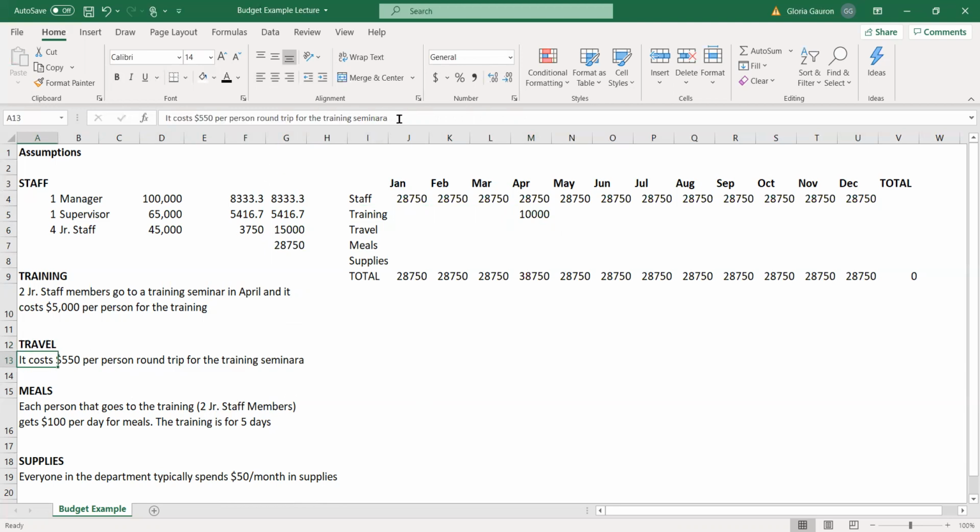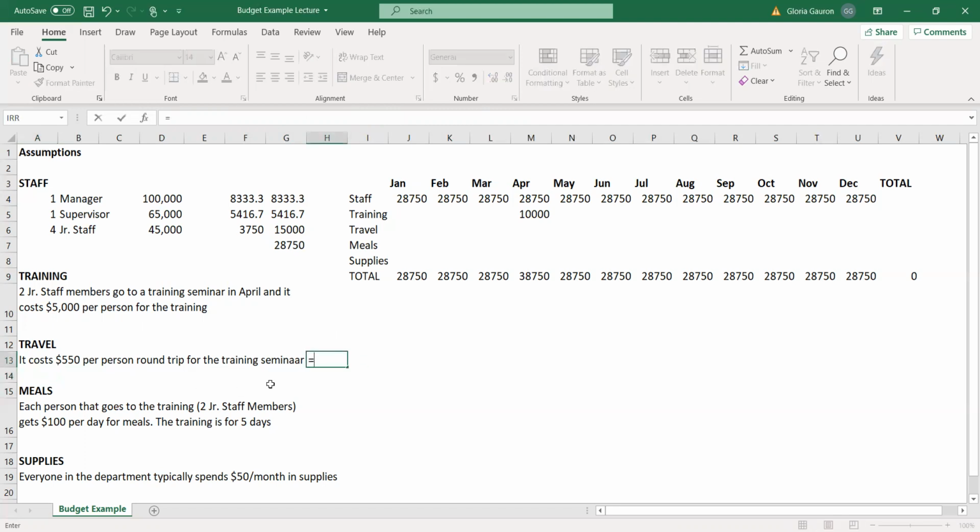So then for travel, it's going to cost me $550 per person round trip for the training seminar. So I can go equals 550 times 2 because I'm sending 2 people, and that brings me to 1,100.